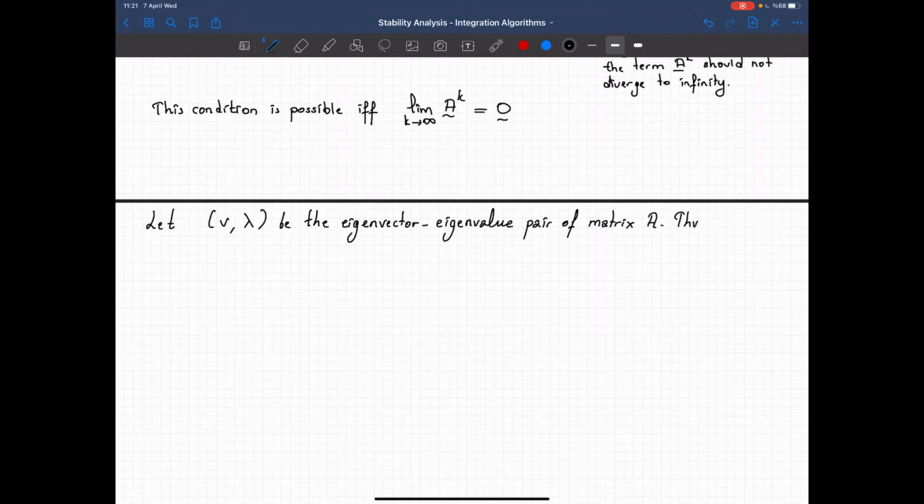In that case, I can write the eigenvalue problem as follows: A^k multiplied by V is equal to lambda^k V. So 0 will be equal to the limit as k goes to infinity of A to the power k V, and we know that V is non-zero.